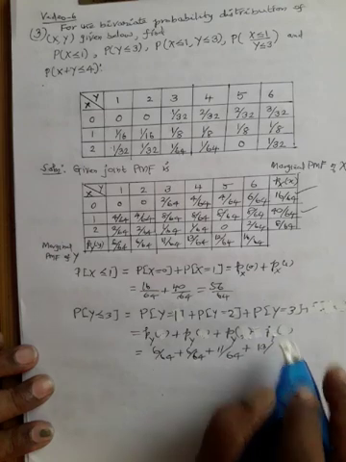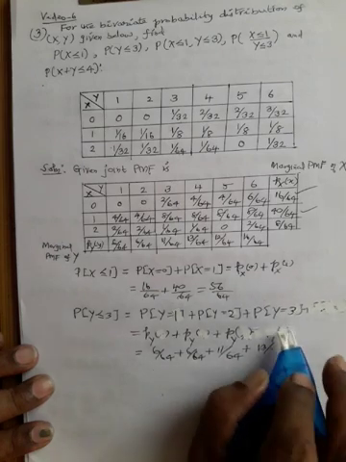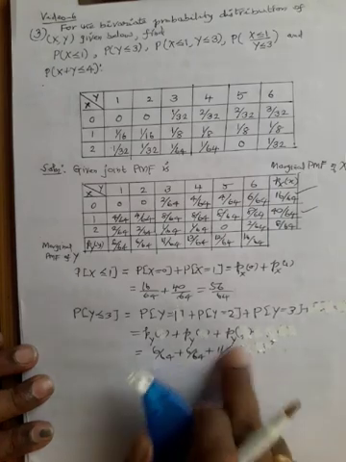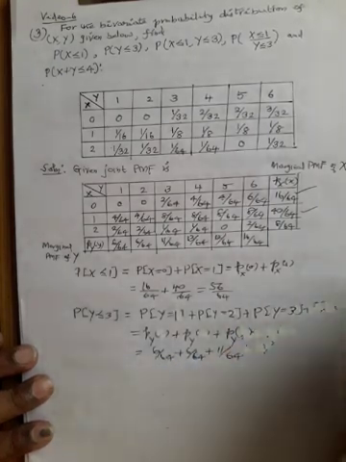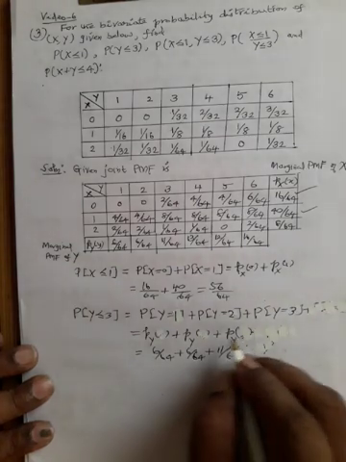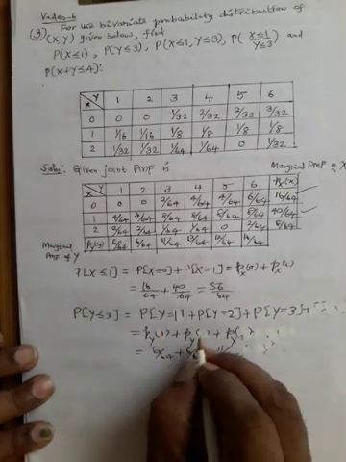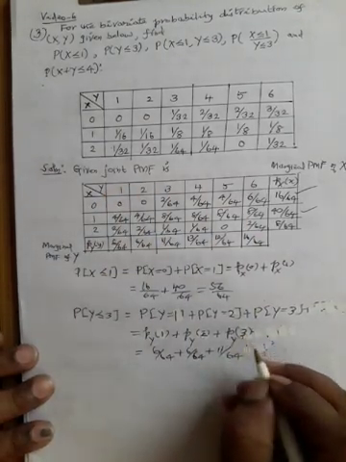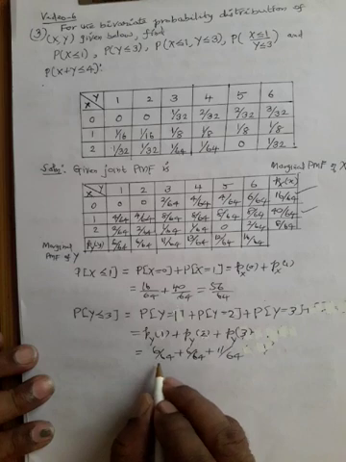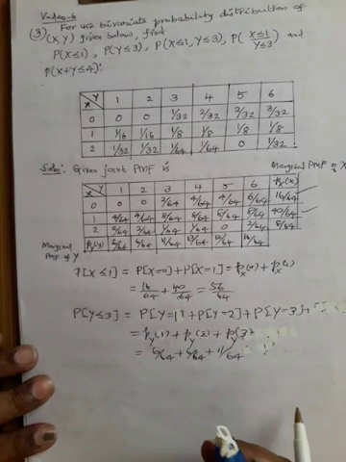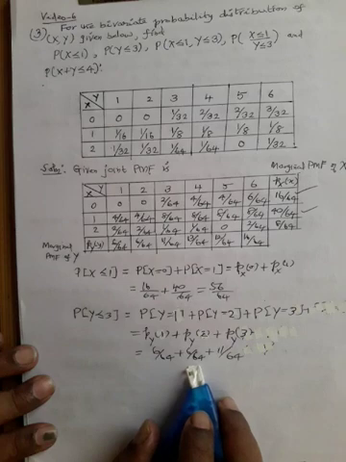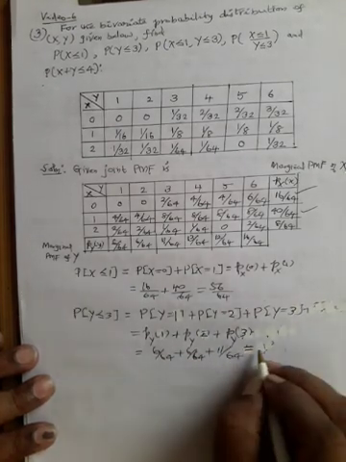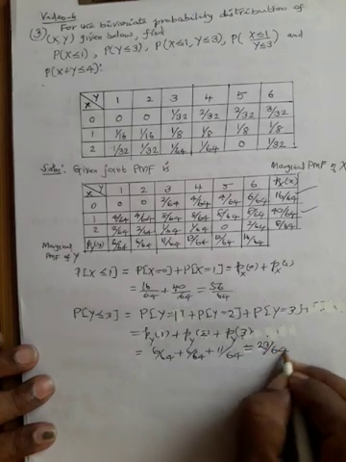There is no more. Py of 1 is 6 by 64. Py of 2 is 6 by 64. Py of 3 is 11 by 64, which is equal to 23 by 64.